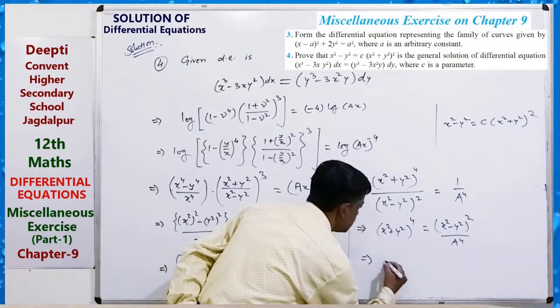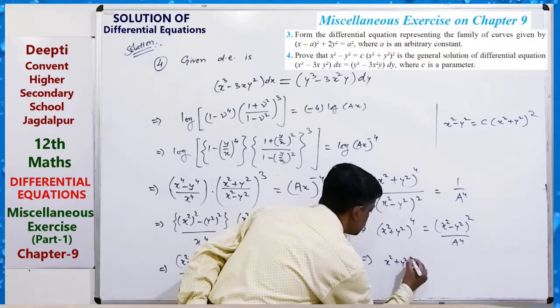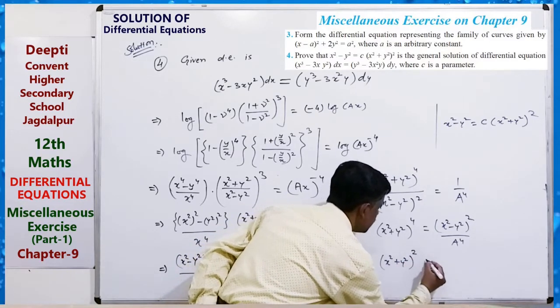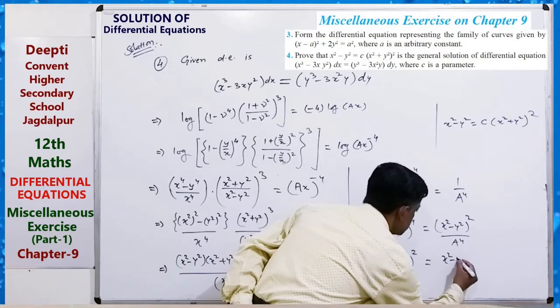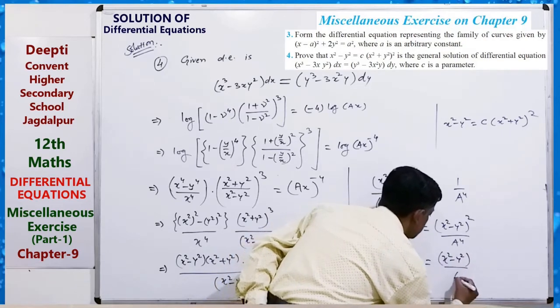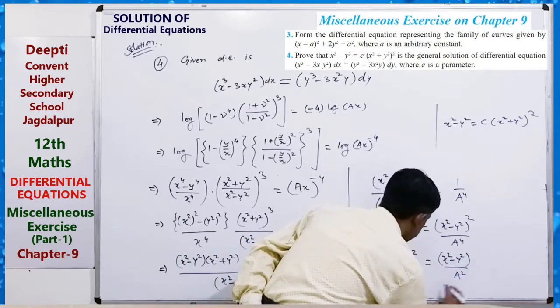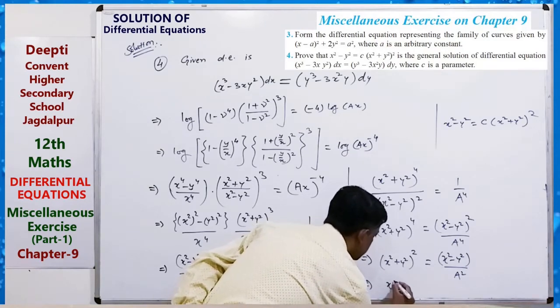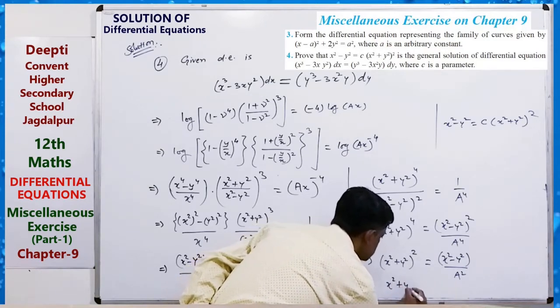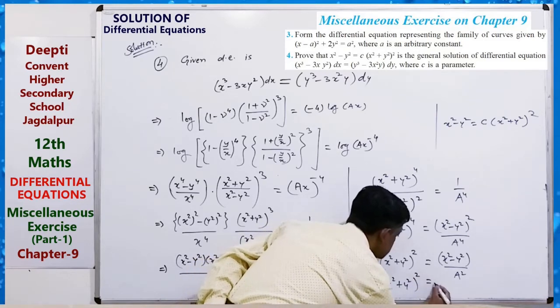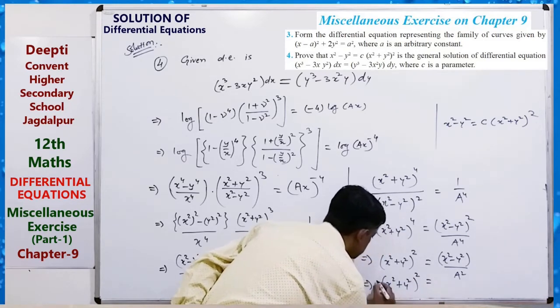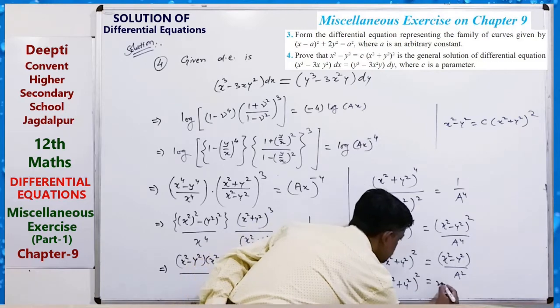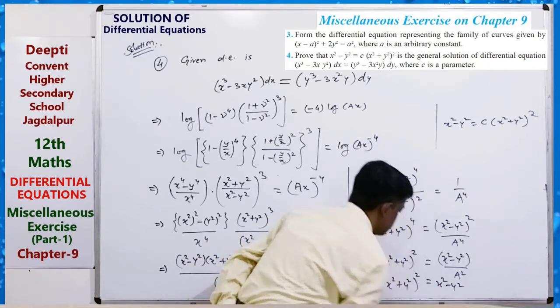Now this can be written like this: x square plus y square equals x square minus y square into a power 2. So this can be written as x square plus y square equals a square times x square minus y square.